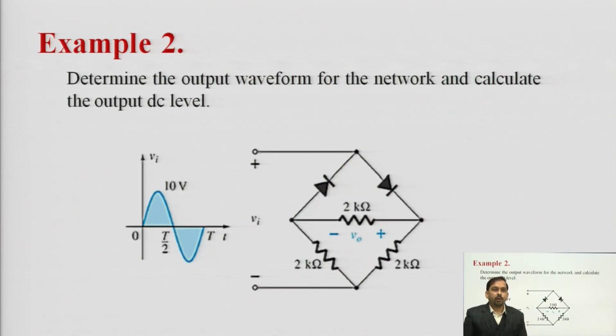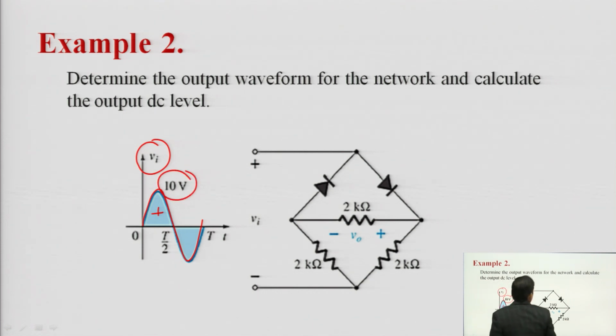Now we have the next question: determine the output waveform for the network and calculate the output DC level. We have an input voltage, an AC waveform having a peak value of 10 volt, and a circuit which consists of two diodes.